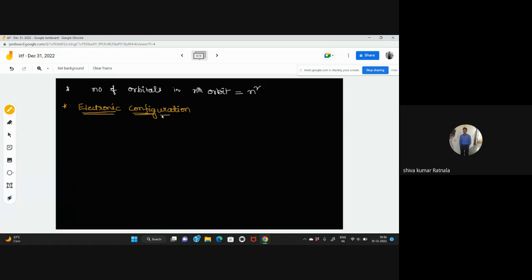Once we came to know how many electrons are there in the orbitals, what is the electronic configuration, and how to write the electronic configuration of atoms?